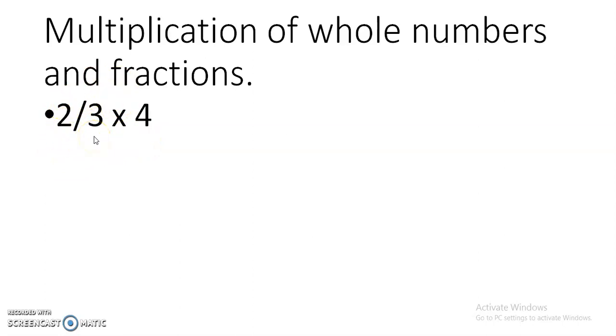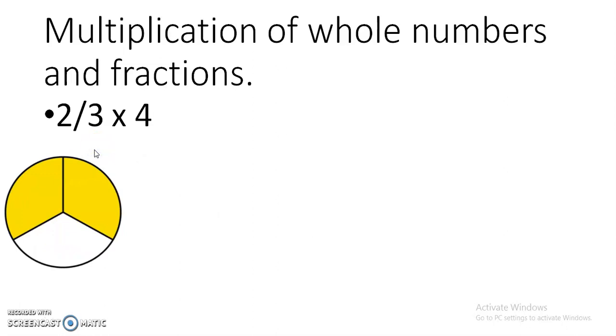Multiplication means addition multiple times, right? So I am going to take this fraction 2 upon 3, and this particular 2 upon 3 will be added 4 times. So it is multiplied by 4.